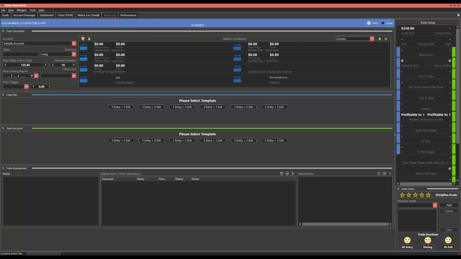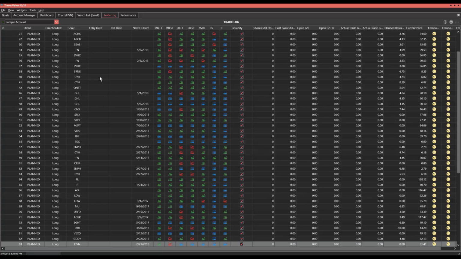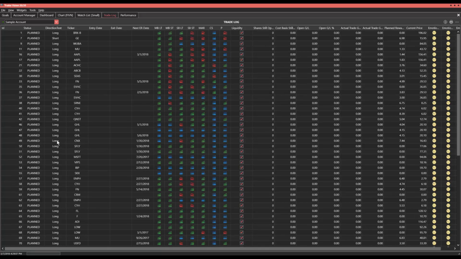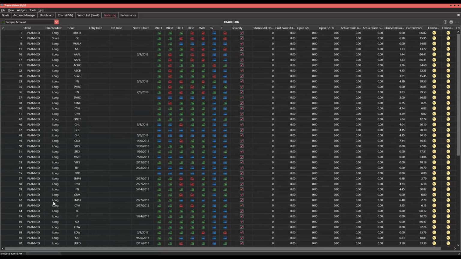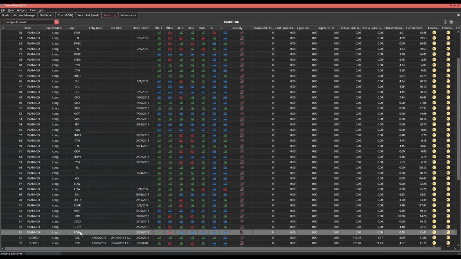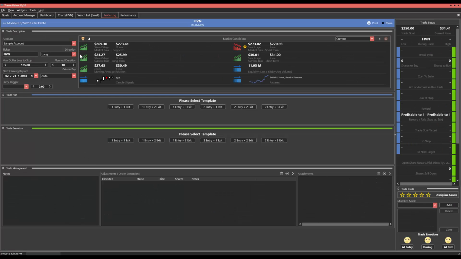Trade log, and let's just put a ticker in here. Trade log is a list of all your trades, so it is essentially, as the name implies, a log of your planned, open and closed trades, and then for each one, this is the information that you see.